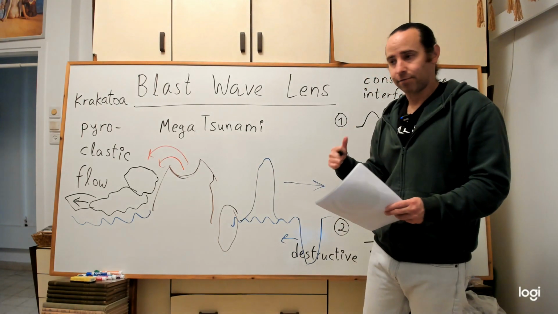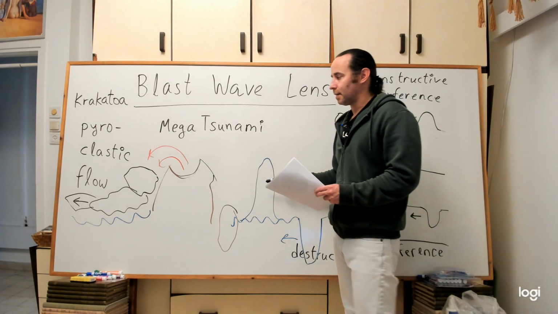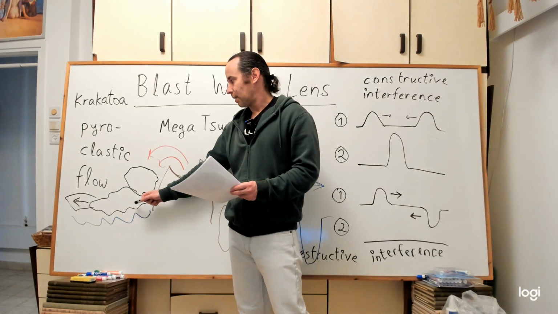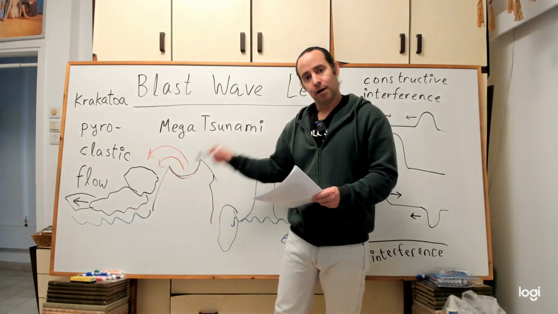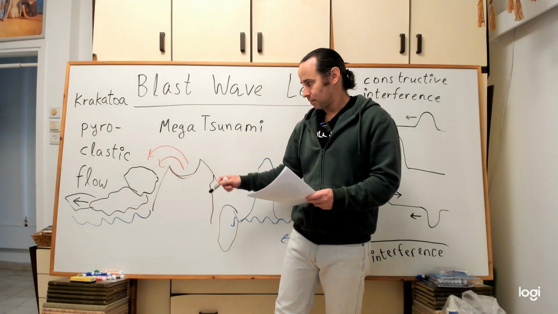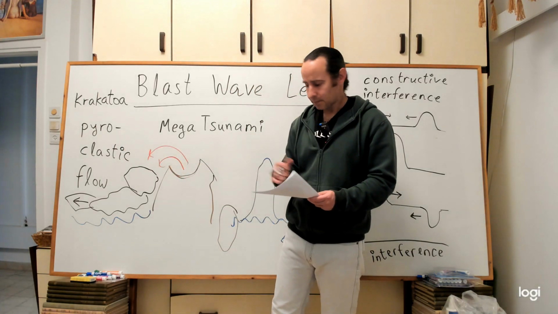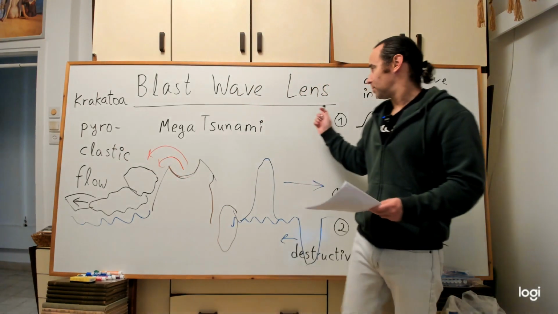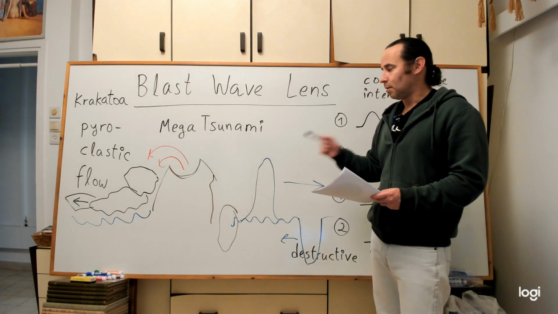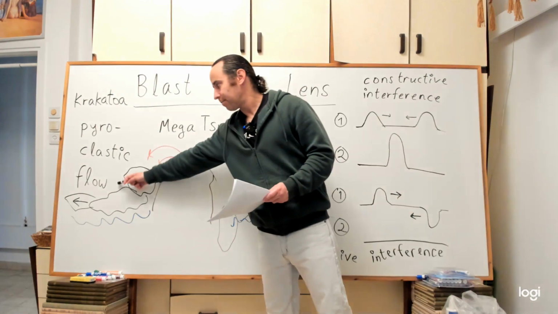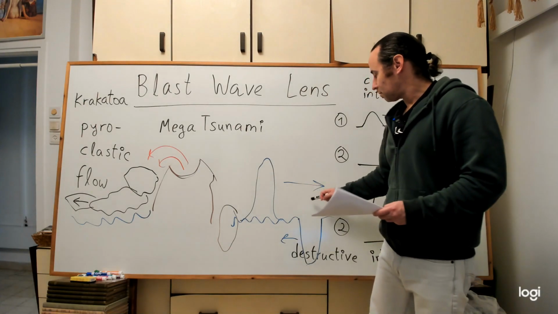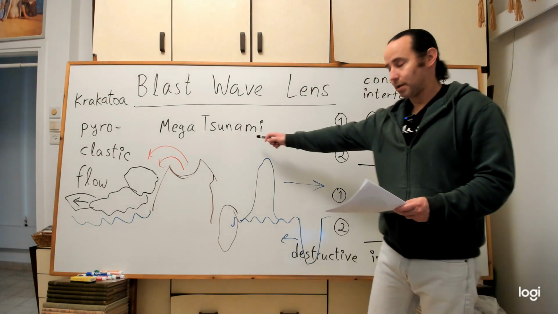This is critical for the invention. And also with the pyroclastic flow, we have a very good idea where to wait for it. So with this, we can make the lens. If you put it above the water, it works against pyroclastic flow. If you put it under the water, it works against mega tsunami.